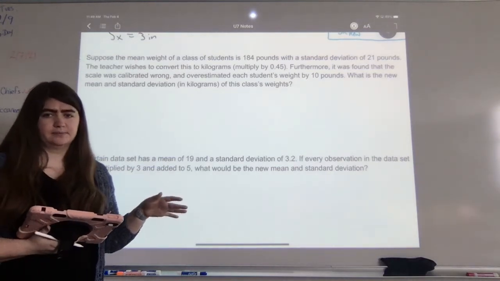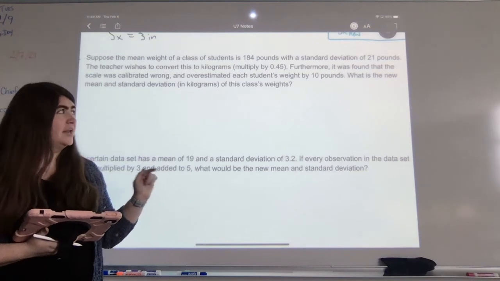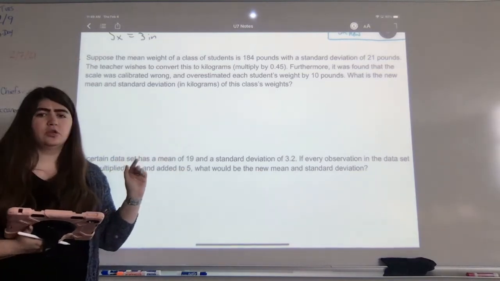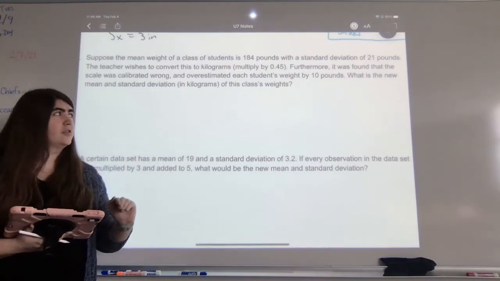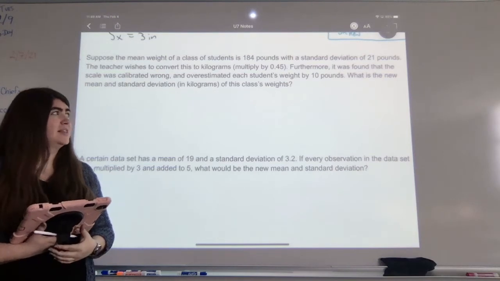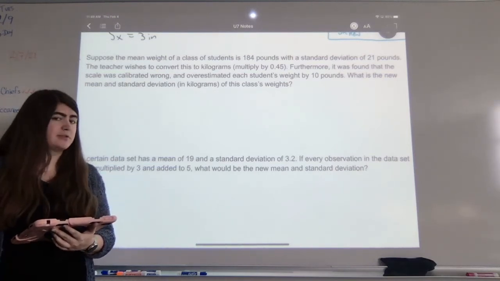Here's the thing. It says that they were overestimated by 10 pounds. So that means that before we can convert, we need to adjust for that 10 pounds. So this situation is saying that our subtraction of 10 pounds actually comes first.